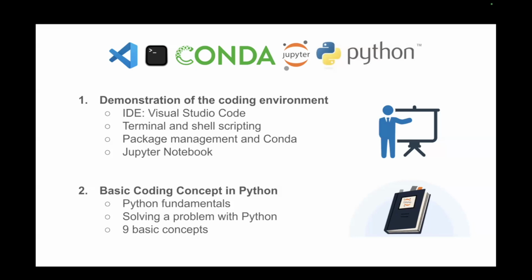And eventually, I will also give you 9 good basic concepts for when you start learning coding. The first part we'll do with a presentation, and in the second part we will use a Jupyter Notebook to interactively show you the code.